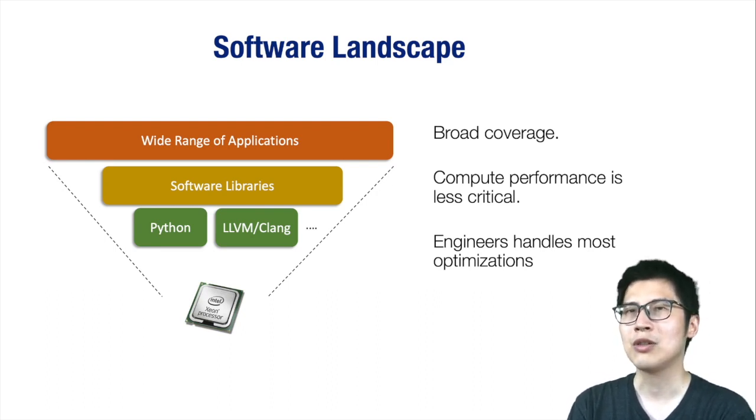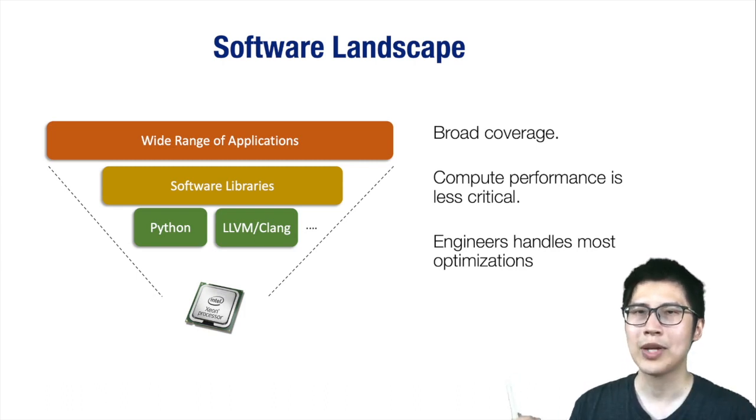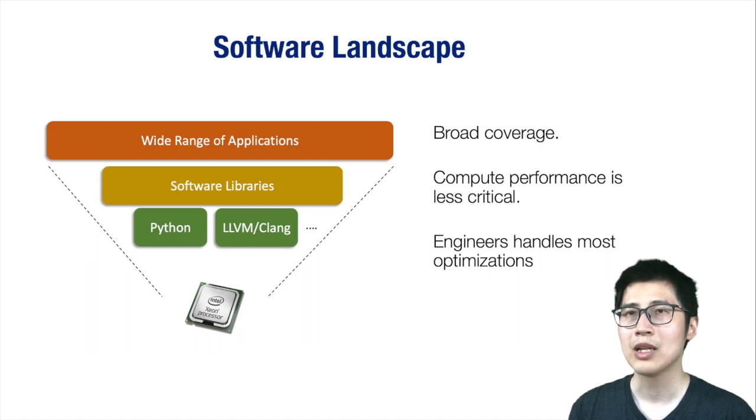If you look at the software landscape nowadays, you can find that the software that we are living with in the age of artificial intelligence is very different from the software that we used a few years ago in the age of Web 2.0. Previously, we were looking at software that has a wide range of application scenarios. Most of it is built on a smaller set of software libraries, and finally it runs on some of the core foundational pieces on a single piece of device.